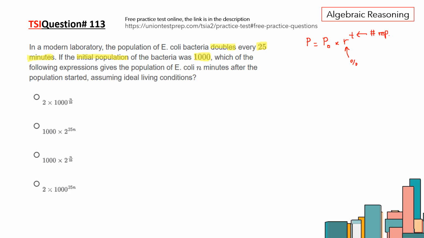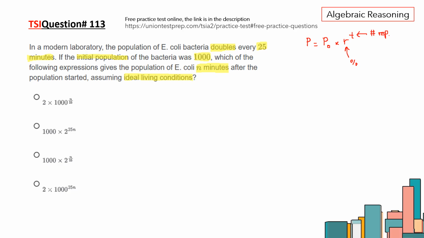That's the keyword. They also say it's ideal living conditions, which is really important in science. Then they ask for the population of E. coli bacteria after n minutes.